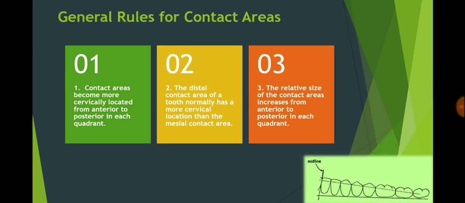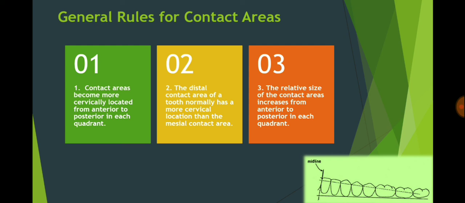So the general rules of contact areas. Number 1 rule, contact areas become more cervically located from the anterior to posterior in each quadrant. As you can see in the picture below here, it's a slanting line. So it progresses from the occlusal almost to the cervical or middle third.